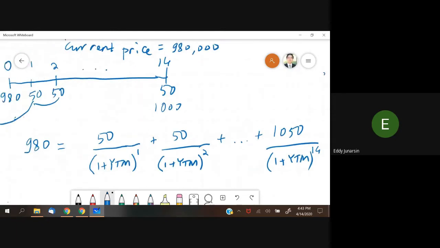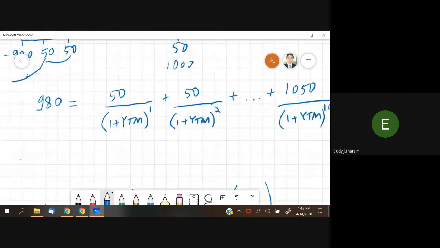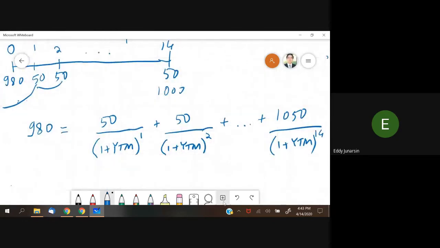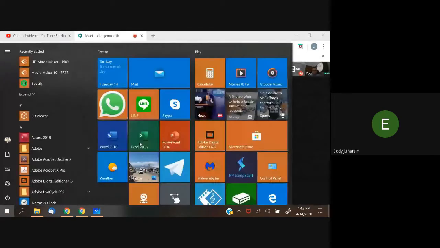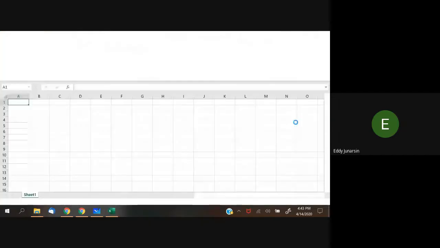Okay, so of course we are not going to calculate by hand, so we'll use Excel.